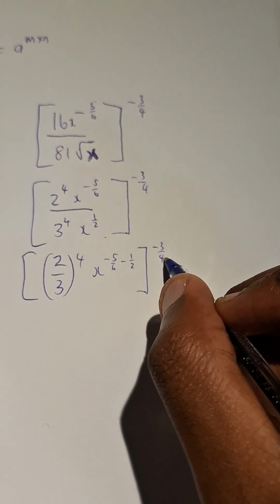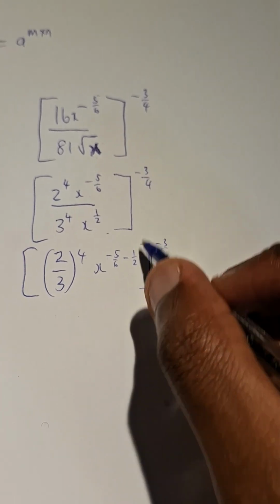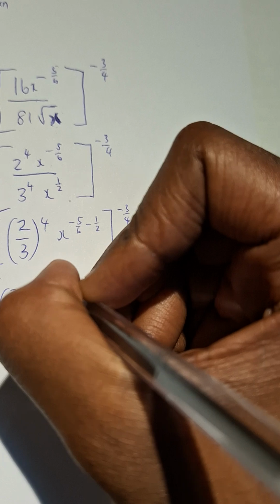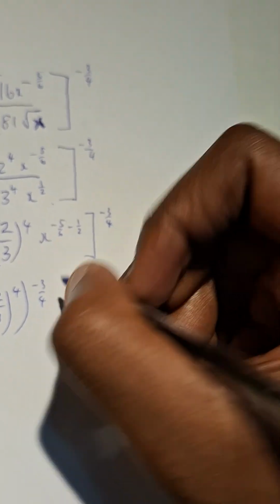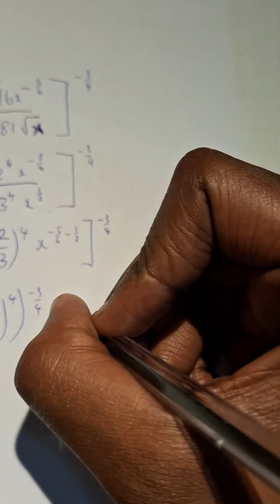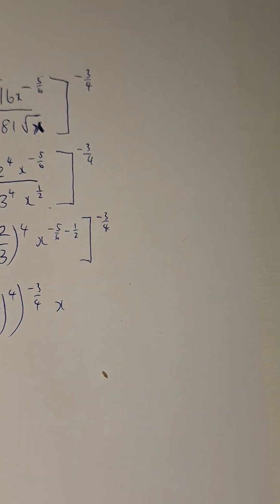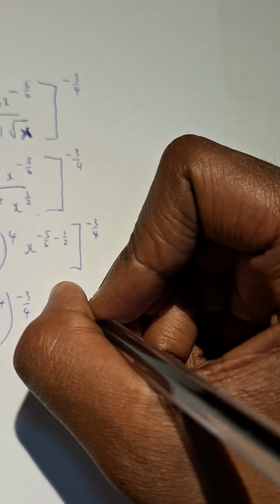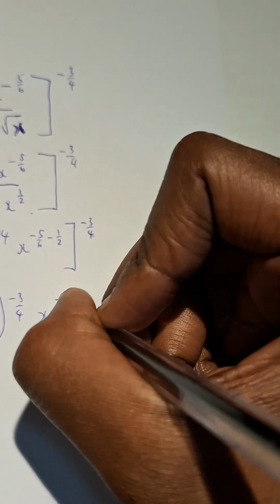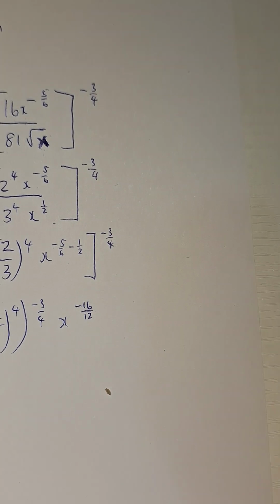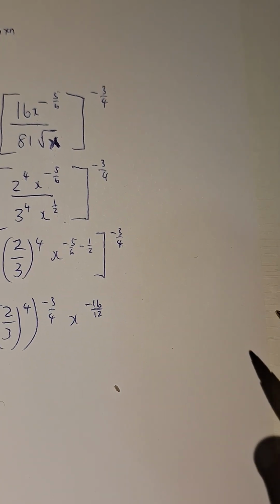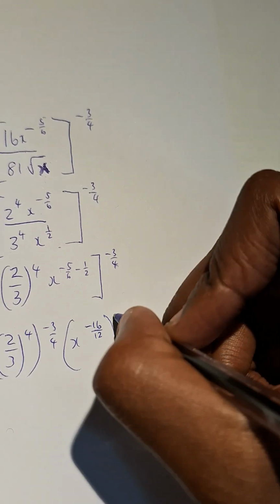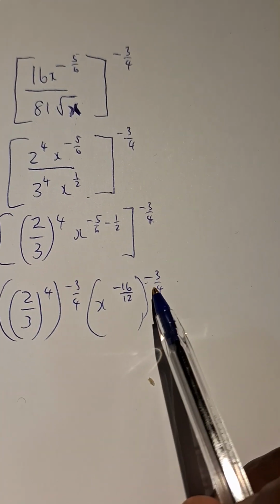Now if we apply the negative exponent, negative 3 over 4, that's rational, to the 2 over 3, and then the x to the power negative 5 over 6 minus a half, that gives us negative 16 over 12, which is very important, negative 16 over 12, but that is all raised to the power negative 3 over 4 by multiplication.